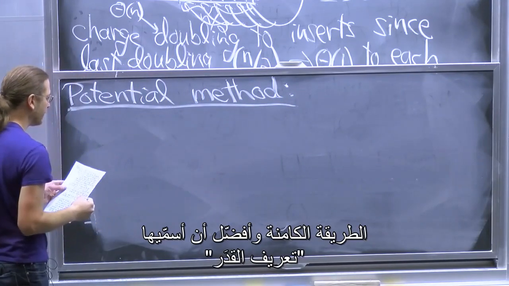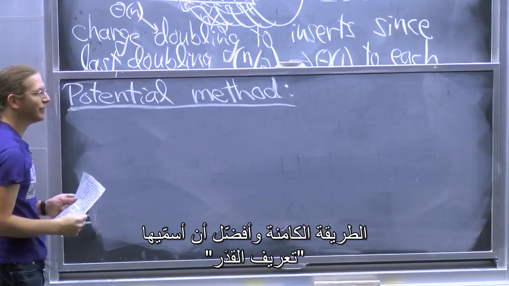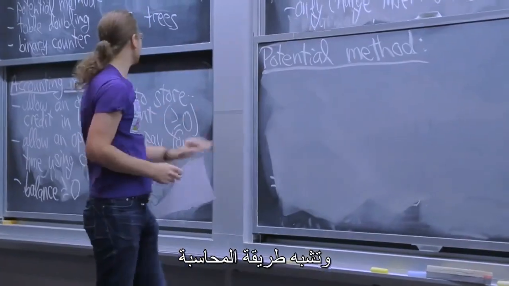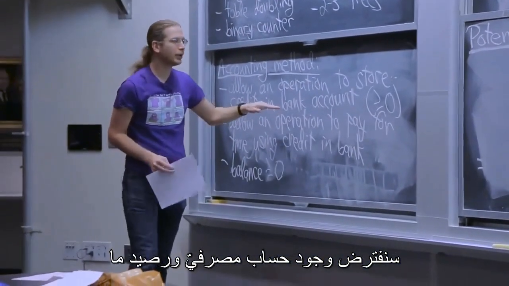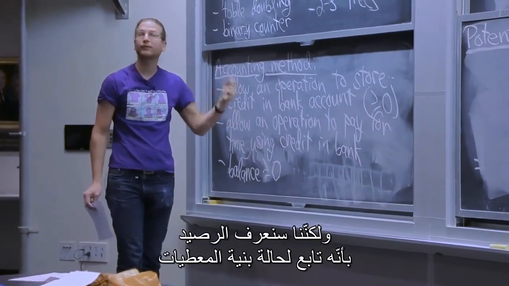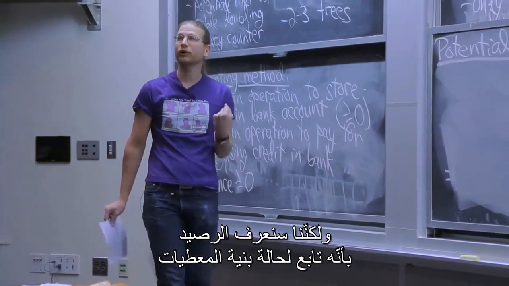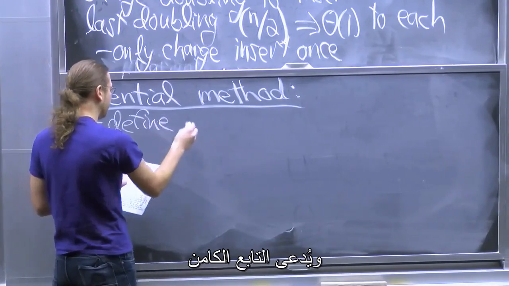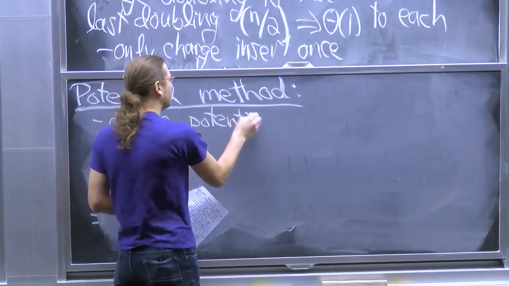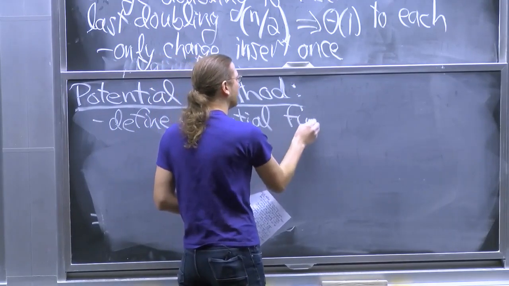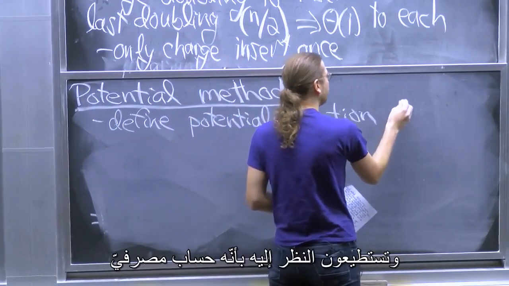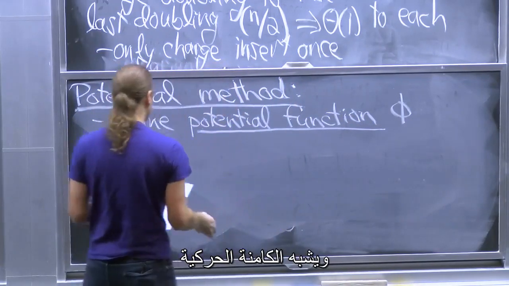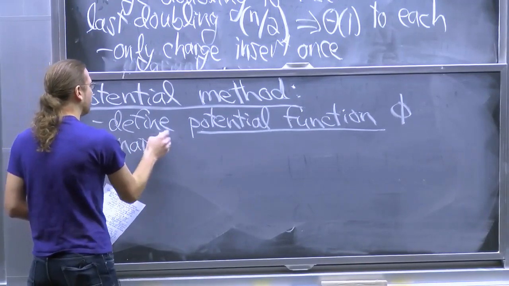Potential method, I like to call it defining karma in a formal way, is more like the accounting strategy. We're going to think about there being a bank account with some balance, but we're going to define that balance as a function of the data structure state. It's called the potential function. But you can think of it as a bank balance. You can think of it as potential energy.